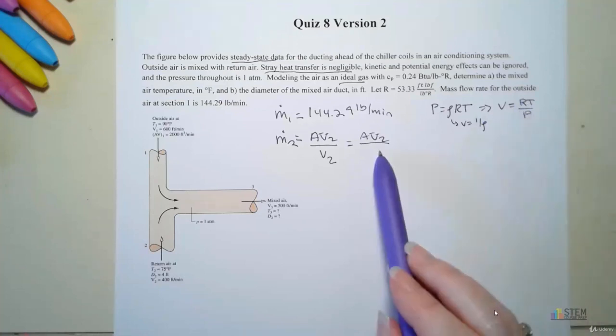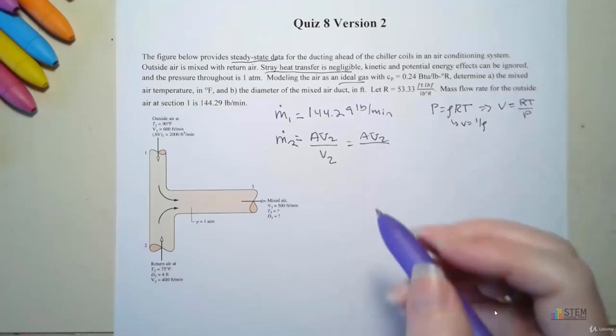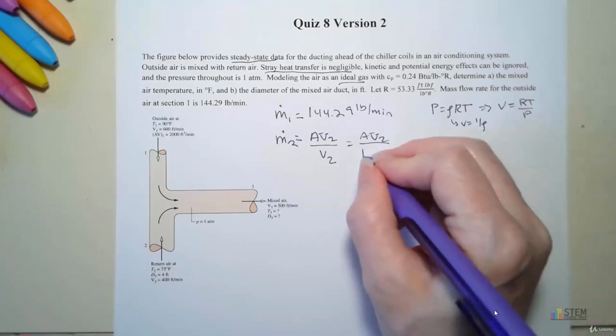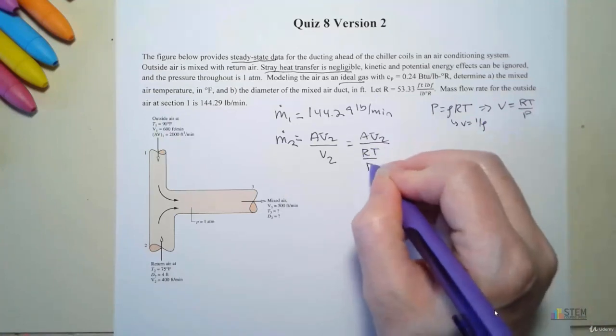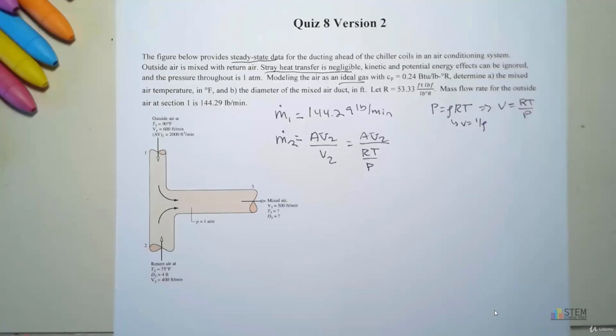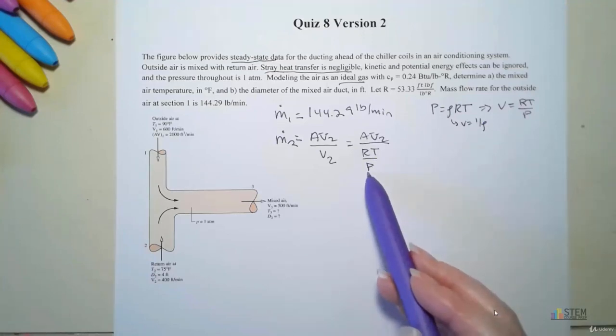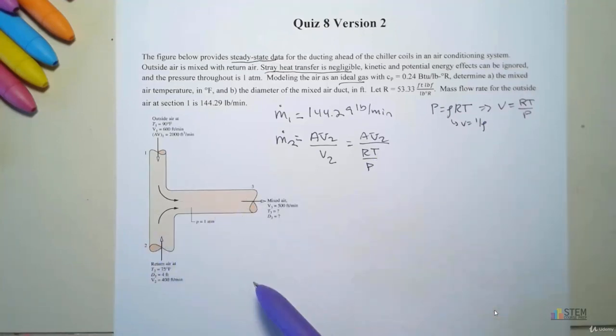Now let's use this down here. That'll keep us from having to look values up in the table and everything. So now we've got this like that. Now we're going to have to find the area at point 2, which we can find because we were given diameter. We need velocity, which we have. We've also got temperature, and we've got pressure, because pressure is 1 atmosphere for the whole entire system.